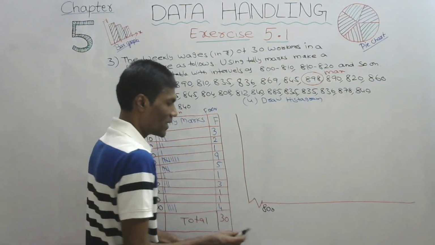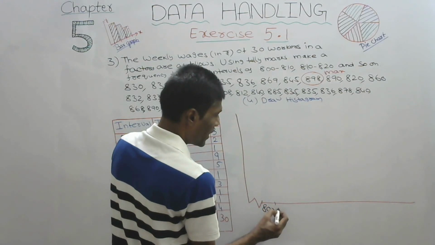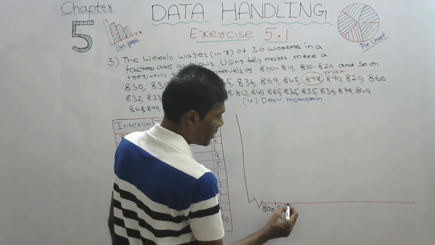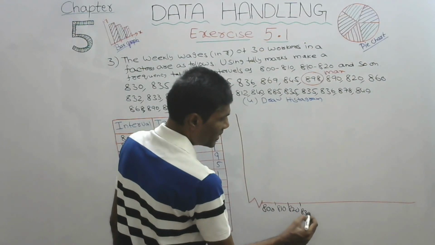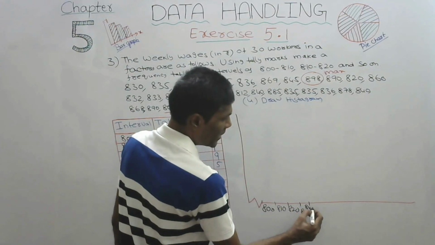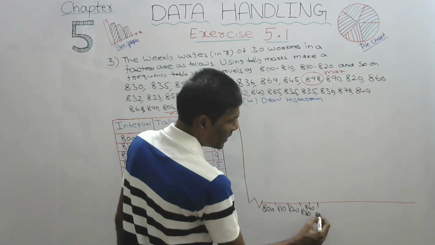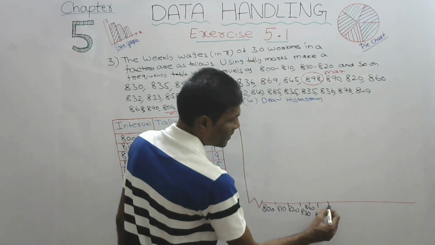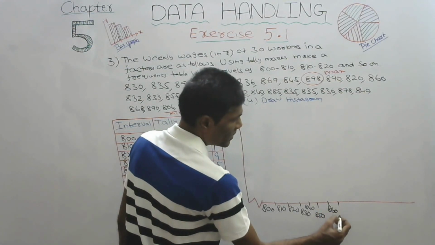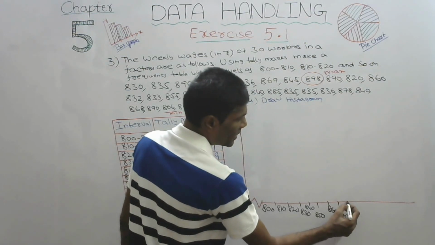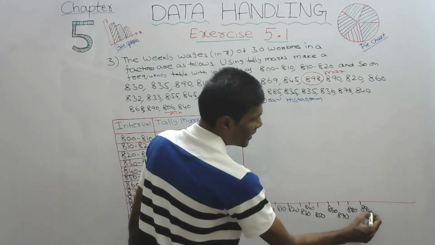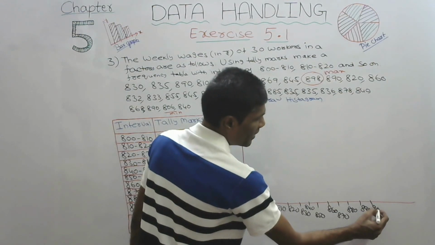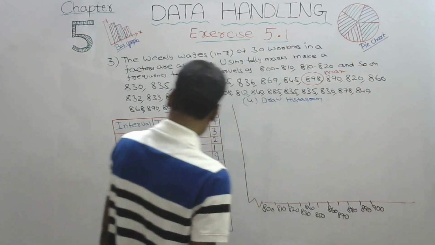Then we will start 800, then 810, 820, 830, 840, 850, 860, 870, 880, 890 and 900.